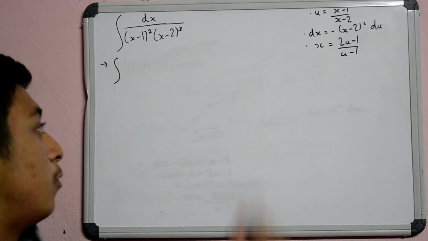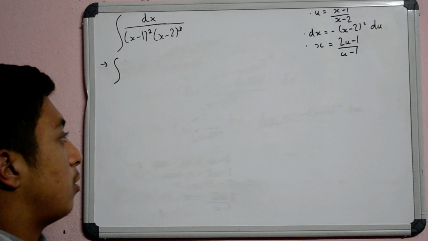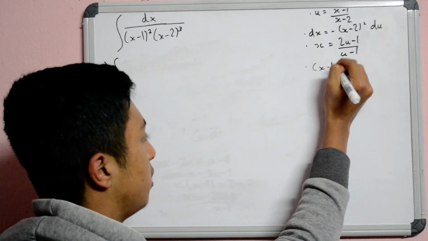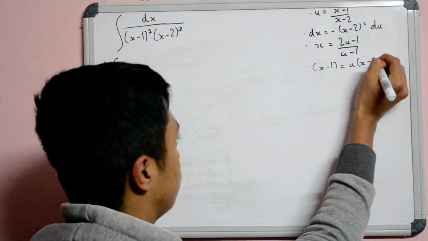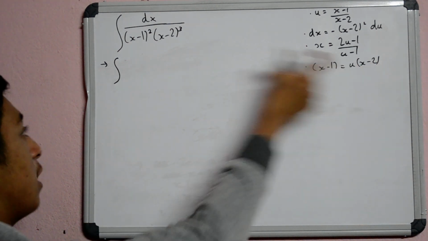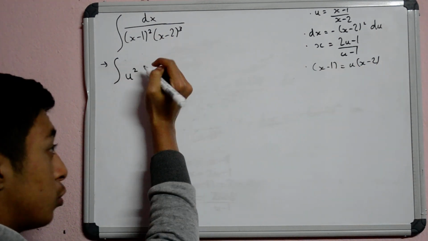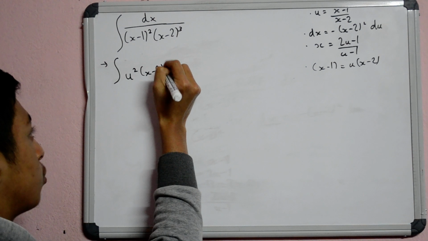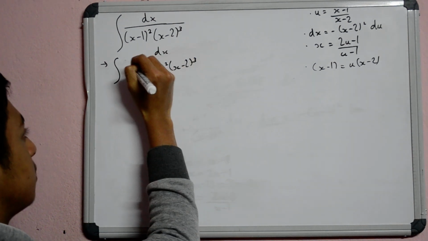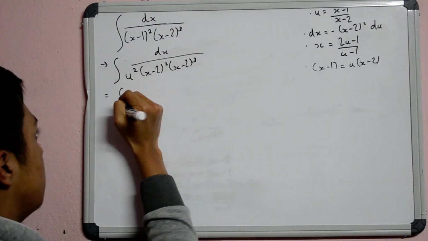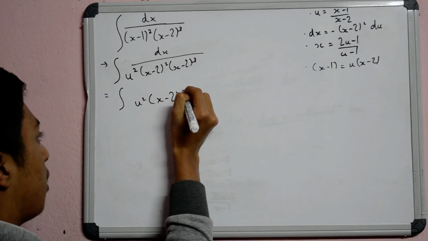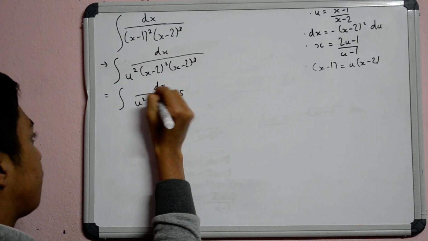Also we have a fourth one, which is the original substitution, x minus 1 is equal to u times (x minus 2). Now if we put this value over here, we get u square (x minus 2) whole square into (x minus 2) whole cube dx. And this becomes u square (x minus 2) to the power 5 dx.